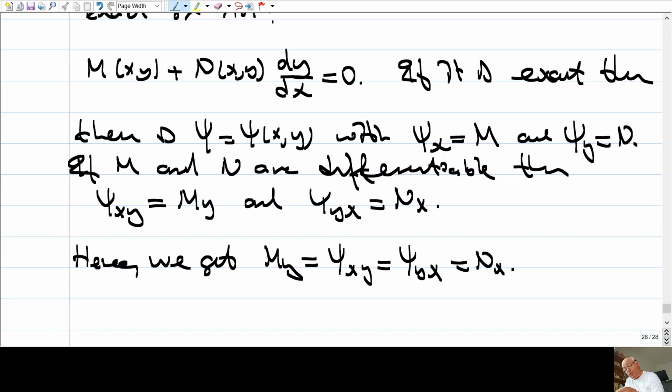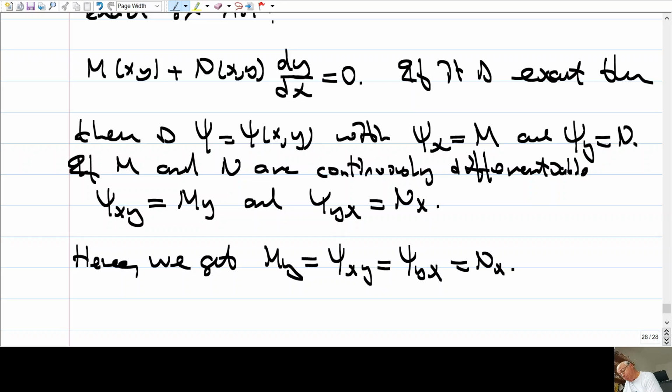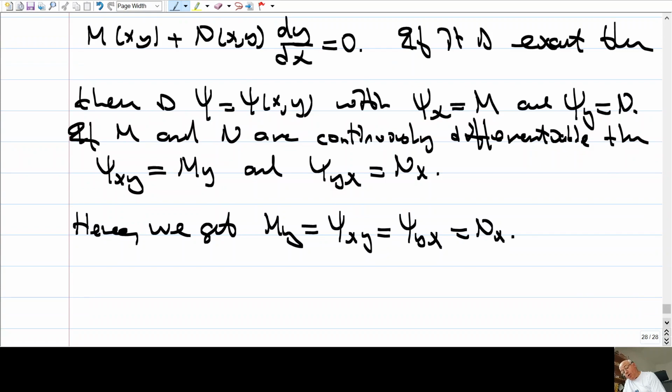So if an equation is exact and if the coefficient functions are continuously differentiable, then I have this. So if M sub y is not equal to N sub x, then there is no way this equation will be exact. Okay.